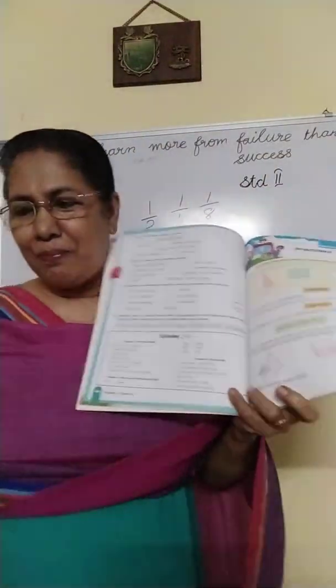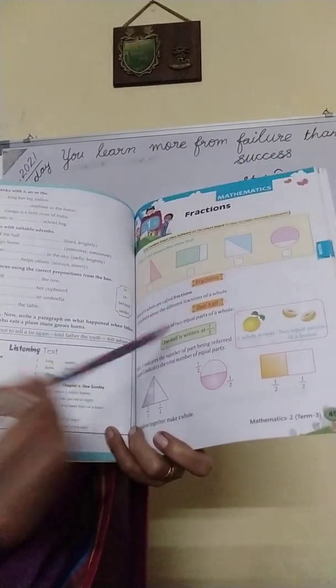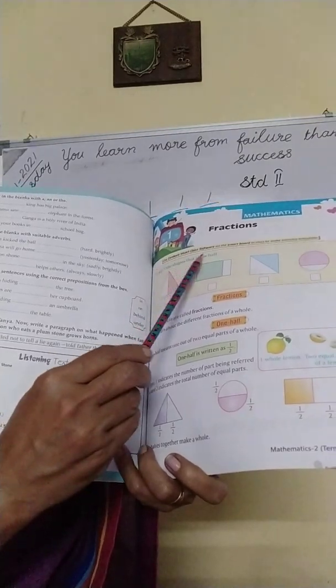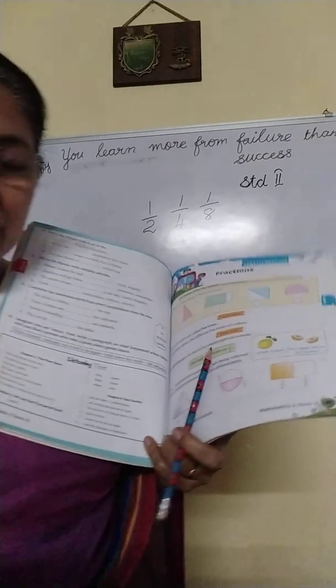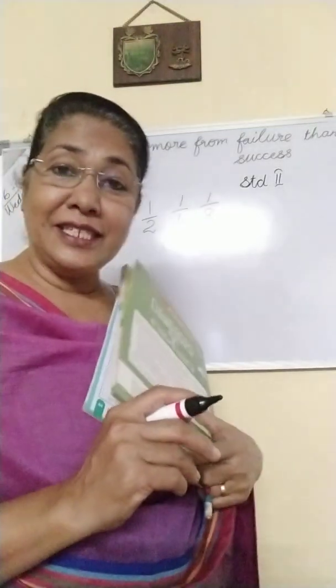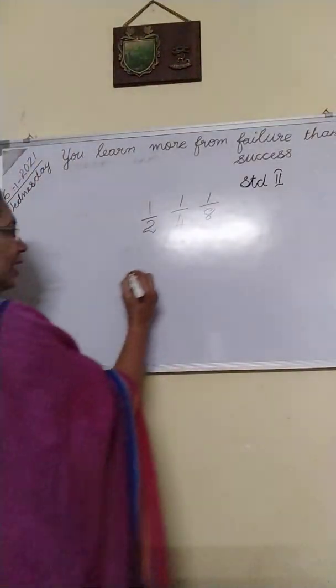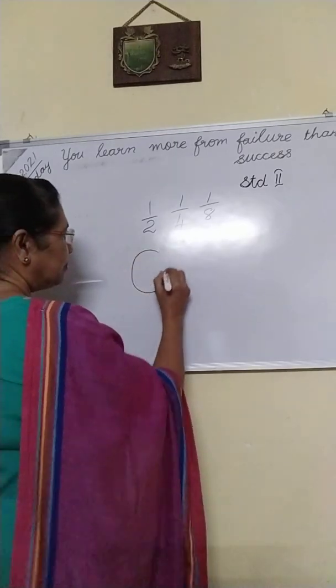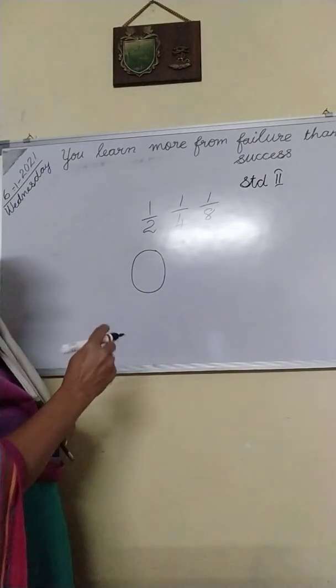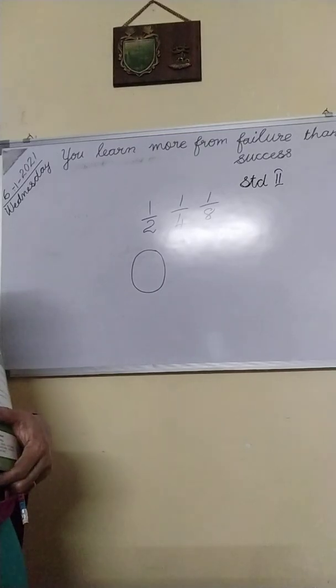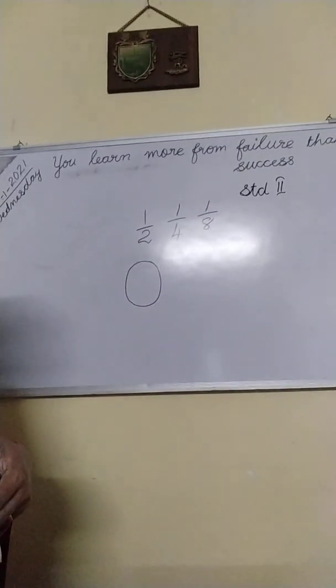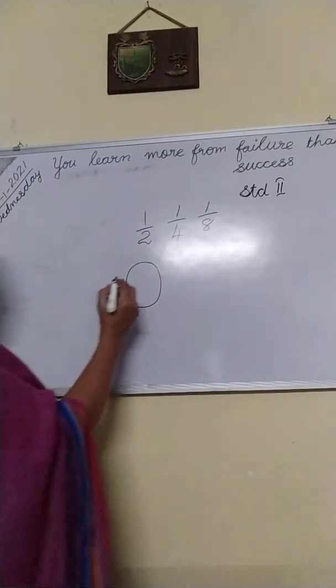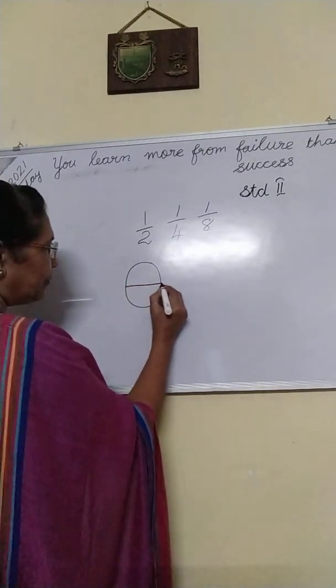It's very easy, very simple, very interesting also. Now look here. The shape that shows half. Which are the shapes that show half? Now I'll draw some figures here. Now I'm drawing a circle here. Look at the circle. Can you see? Yes. Now this circle is full. Now we are going to make it half.